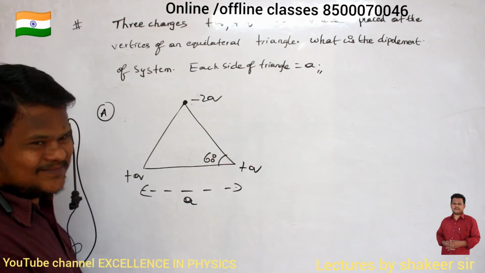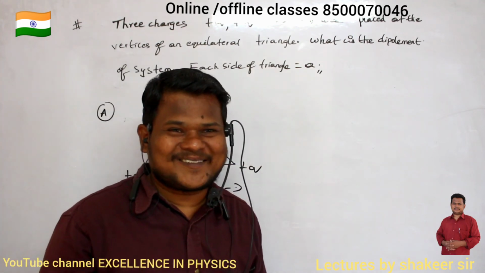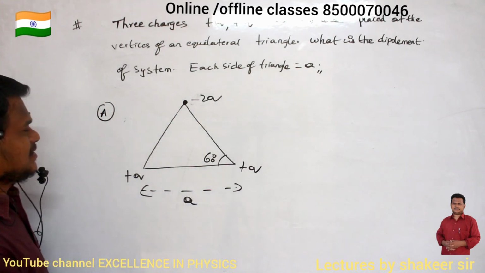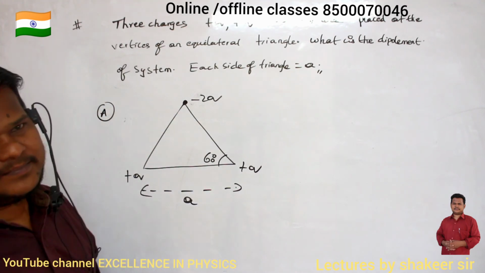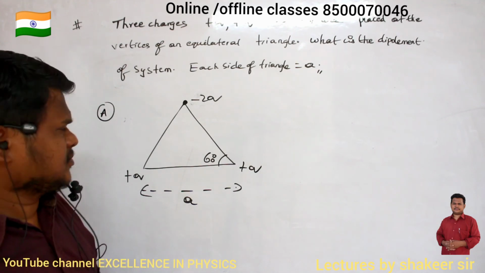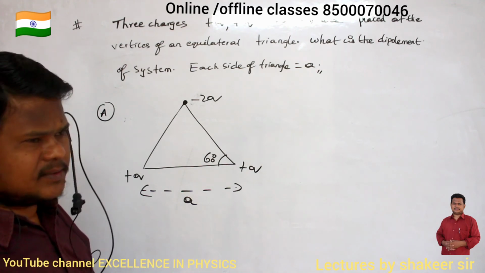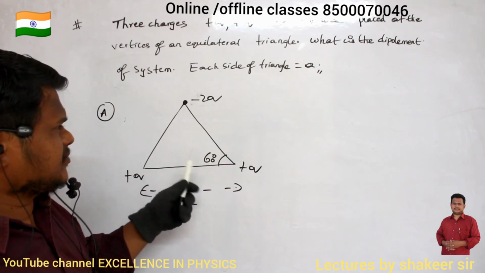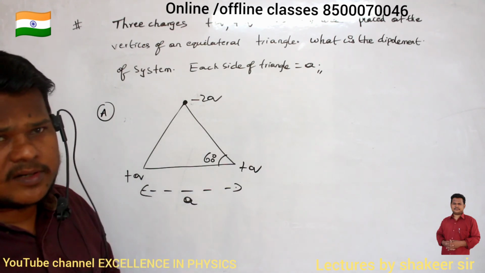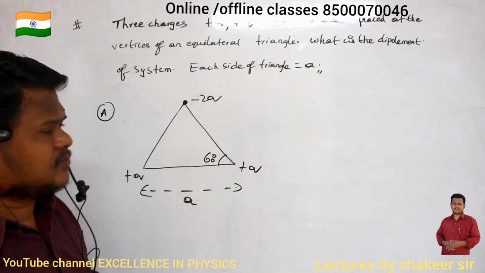Then how can I calculate the dipole moment? They are definitely opposite, negative charge and positive charge, but the magnitudes are not equal, no? Then what can I do?